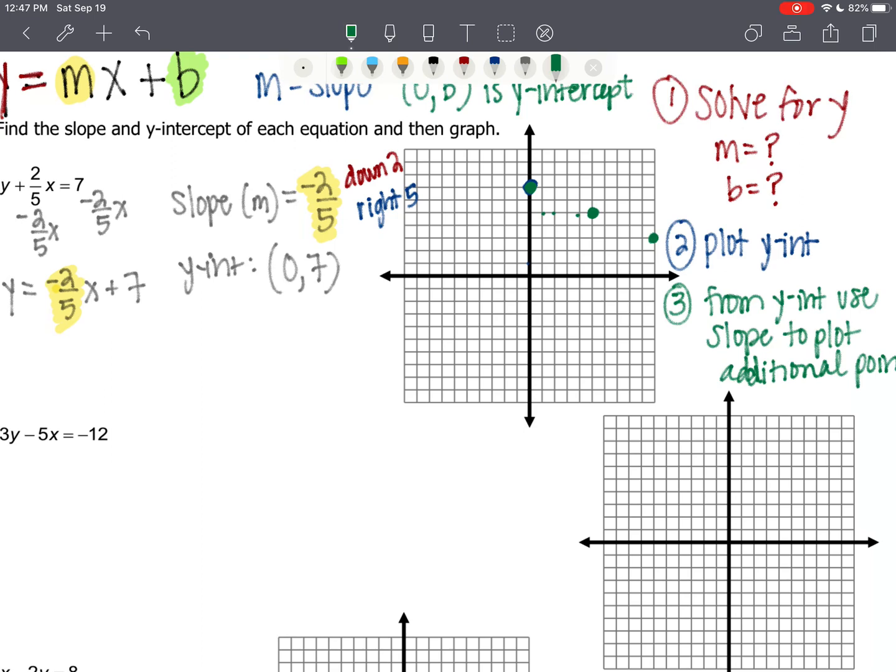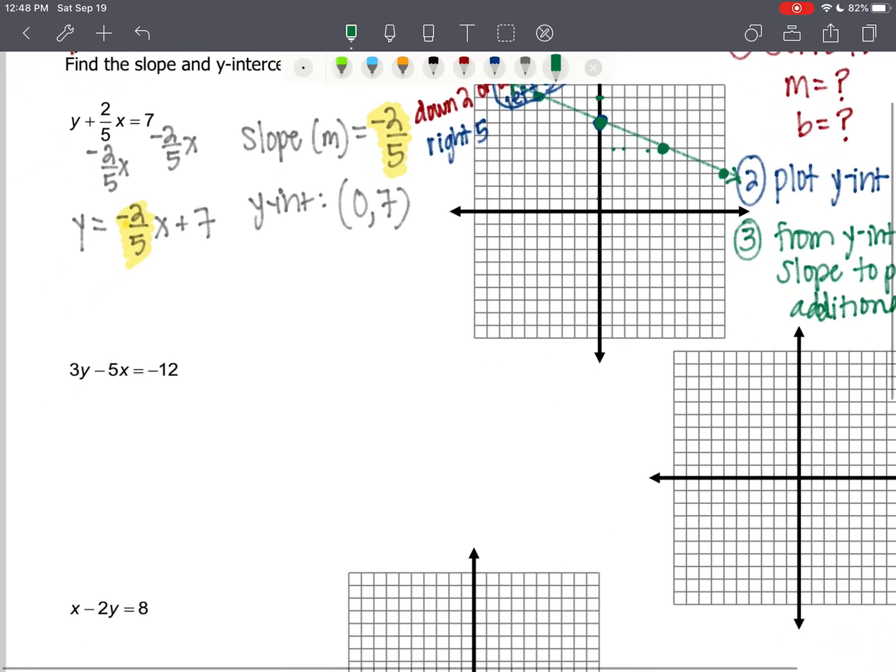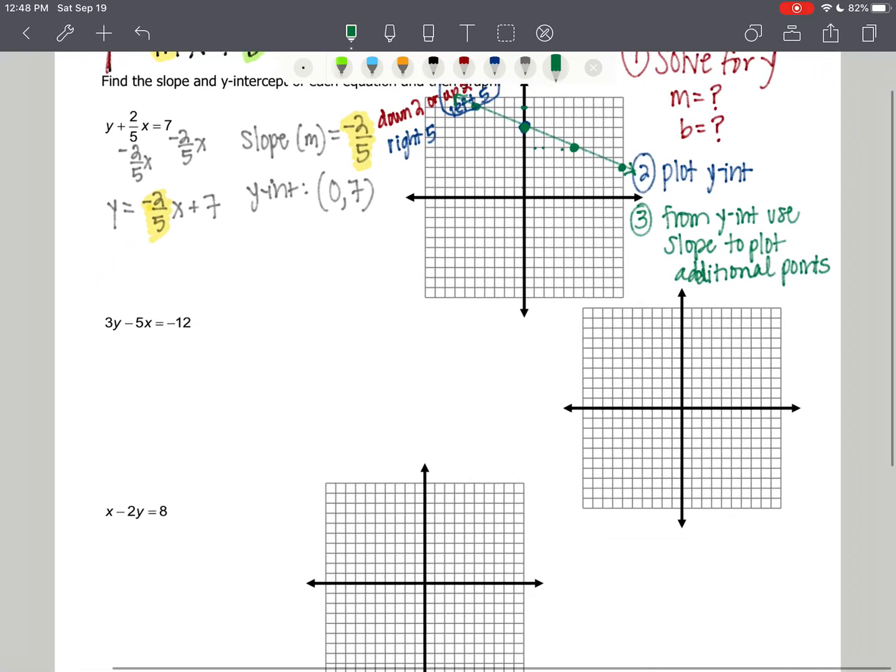So from our y-intercept, we can go up 2 and then left 5. But if you go up 2, you have to go left because you have to take care of that negative. And then with a straight edge, you draw your straight line, and there's our graph.